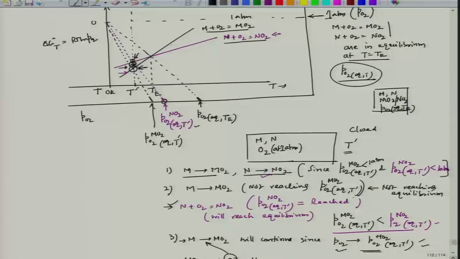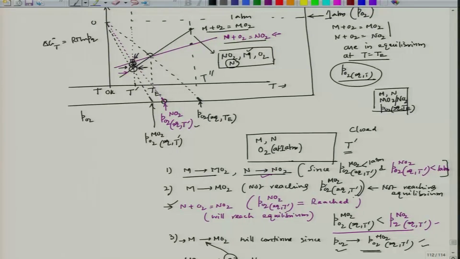Similarly, if I try to see a temperature, let us say here T double prime, what will be the product? You just do a similar process, you will see the final product would be NO2, M and O2, and of course, N, and I must have sufficient N so that oxidation of the metal M is prevented, and you have to do the similar operation.